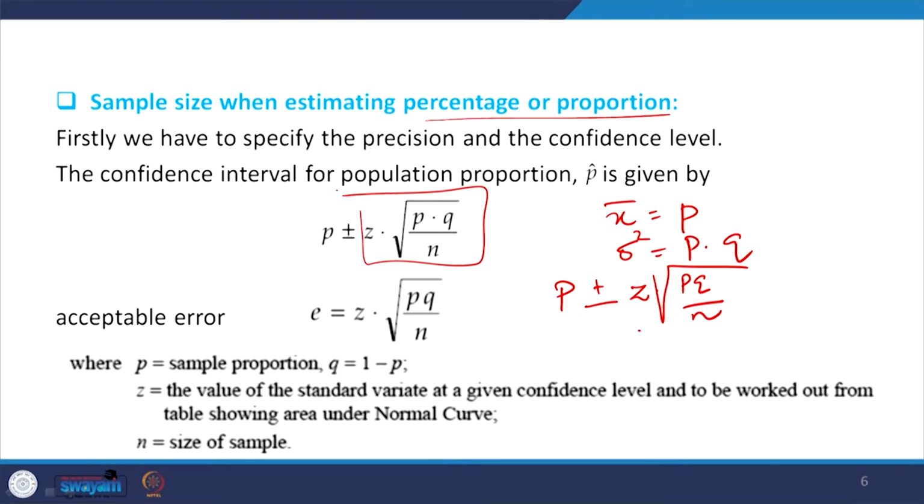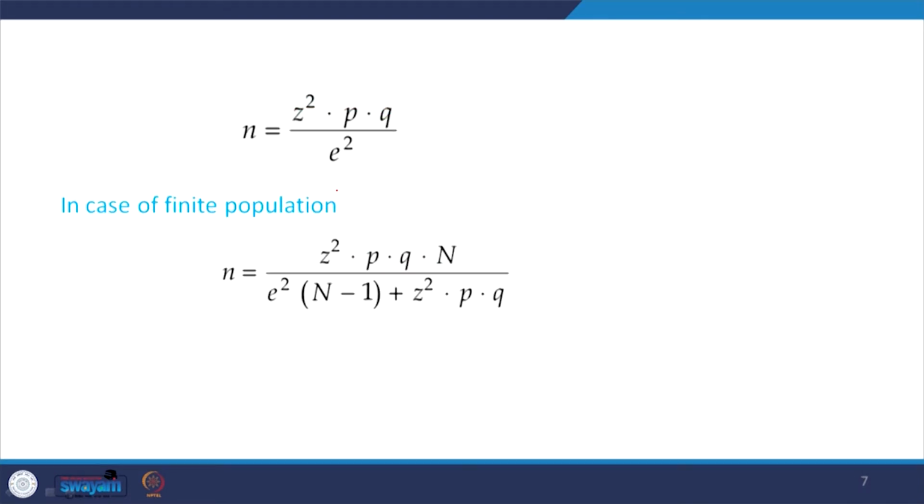Now, here the sample proportion is p, q is known in proportions, and n is the sample size. On the basis of the same formula we can define the sample size n equal to z square times p into q divided by E square. This is the equation when the population is not known.